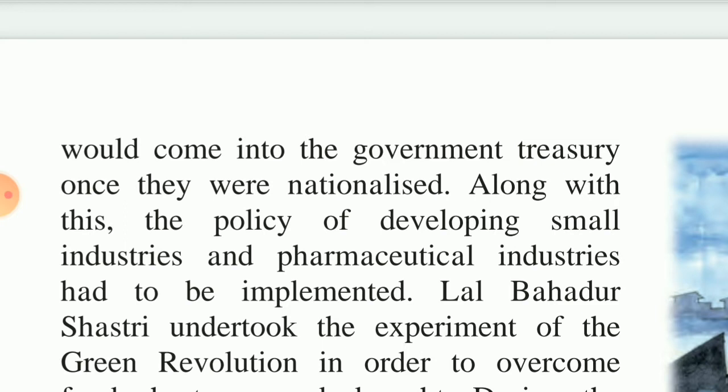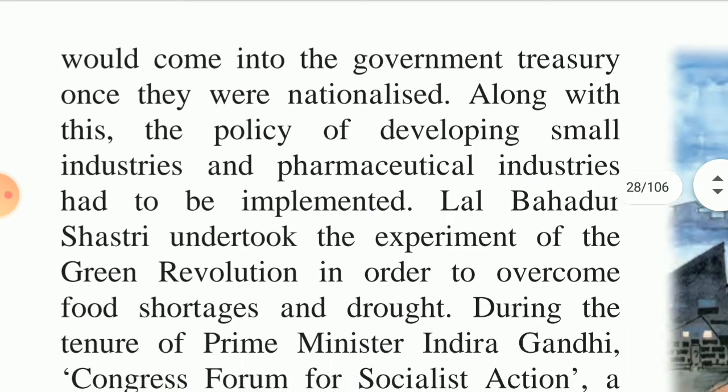Along with this, the policy of developing small industries and pharmaceutical industries had to be implemented. Lal Bahadur Shastri undertook the experiment of the Green Revolution in order to overcome food shortage and droughts. We know that Dr. M.S. Swaminathan started this Green Revolution in 1965 in Punjab and Haryana with the Bhakra and Nangal project.